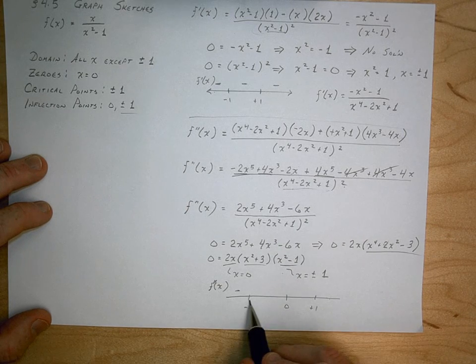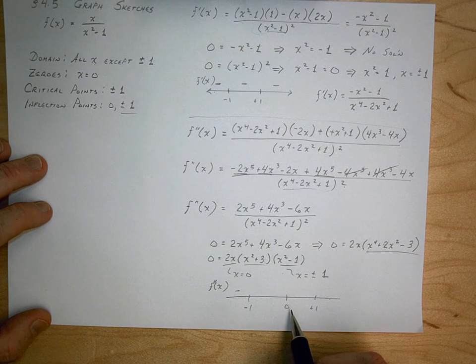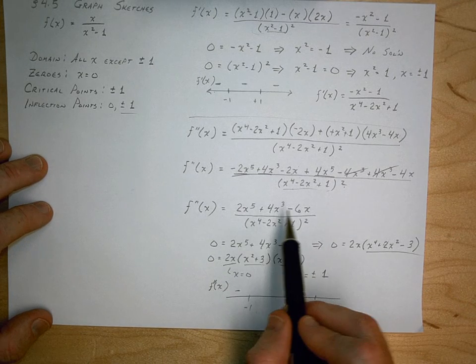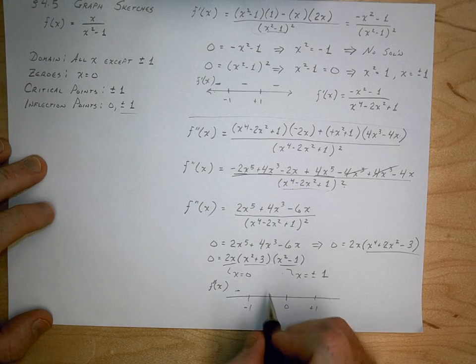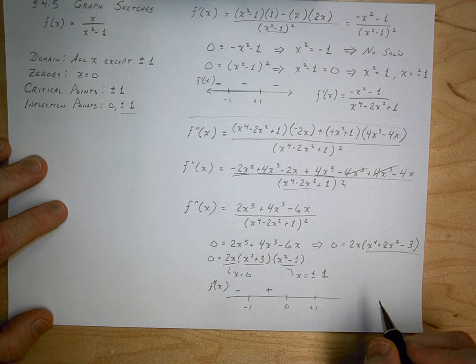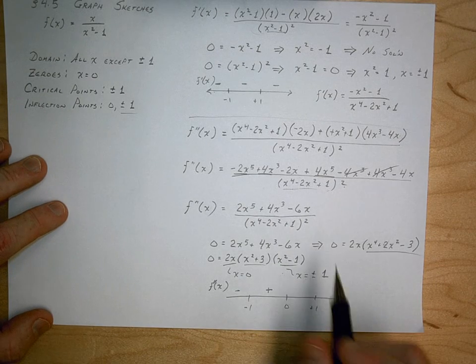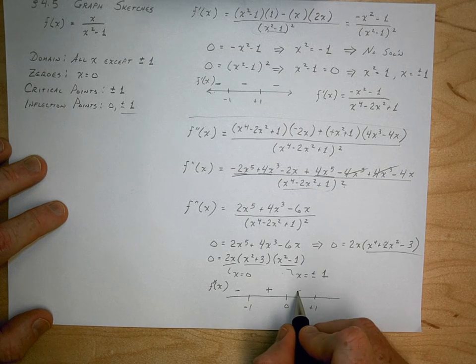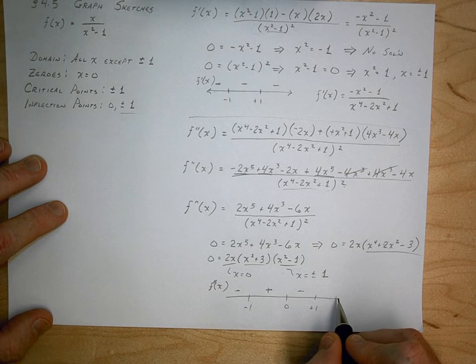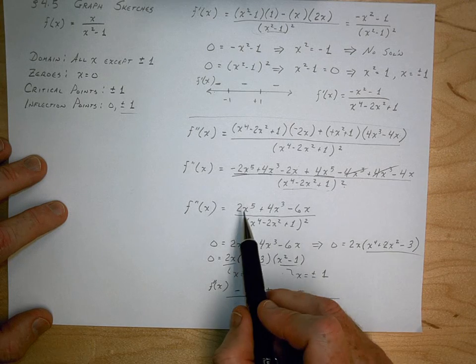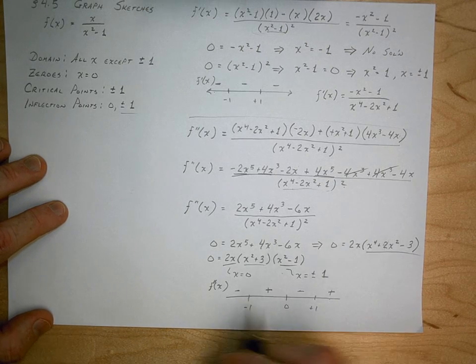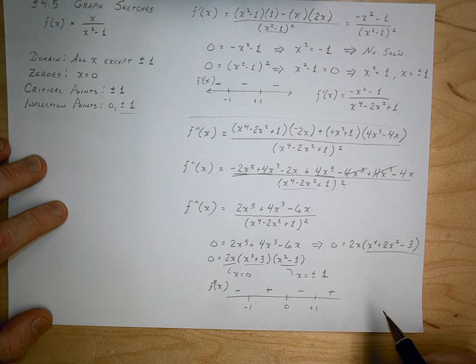If I pick a value between negative 1 and 0, like a negative 1/2, I'll end up with a positive value here. If I try a positive 1/2, this will end up being negative, and then I pick another value like 2, and I'll get positive. Yeah, this will end up being positive. So this time we get the alternating sequence that we sort of expect.